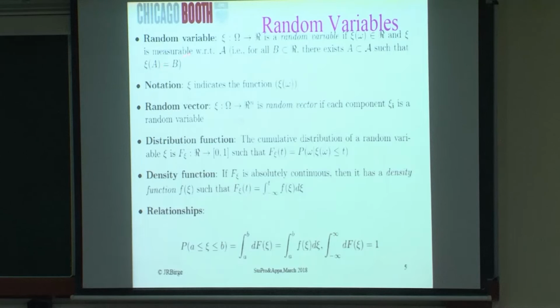So in other words, if I'm given this B, then I can ask how much of omega does C map into B? And that's the way to get the probability of this B.